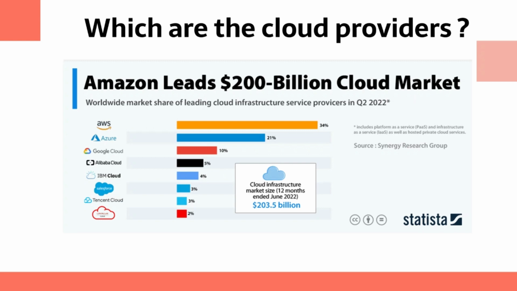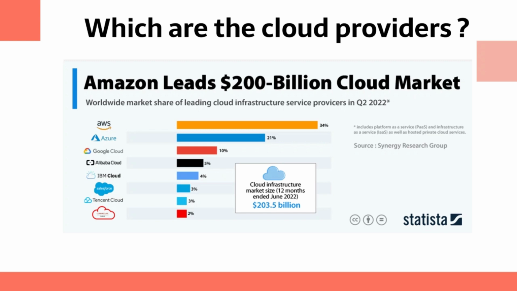And as you can see, till now we have discussed cloud providers, AWS, Azure, Google Cloud Platform. So these are all the providers actually. These organizations provide cloud computing services to the market or to the end users.